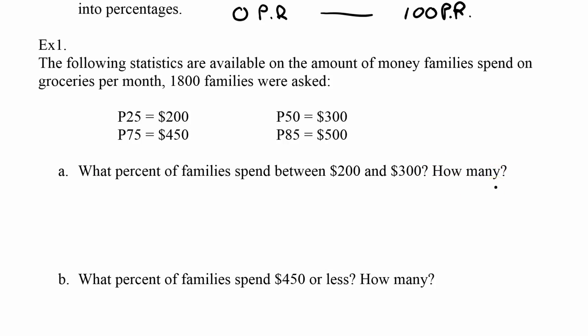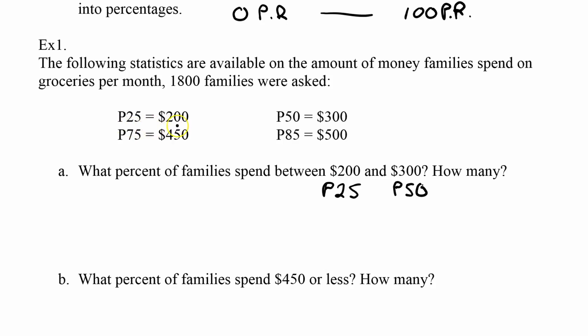So the first thing that I like to do is identify my p-values for my given dollar amounts. The p-value of 200 is p of 25. The p-value of 300 is p of 50. And this is coming directly from my chart here.